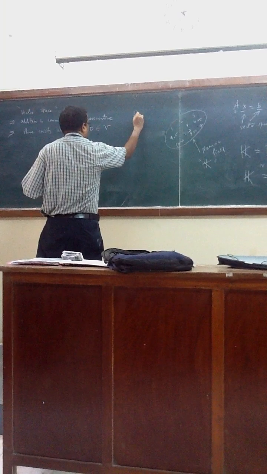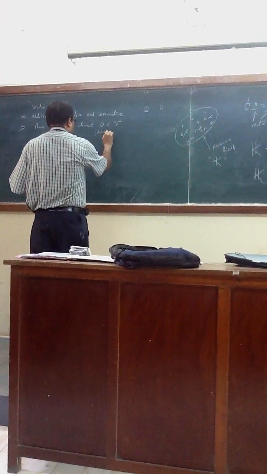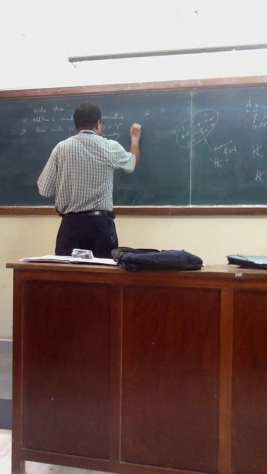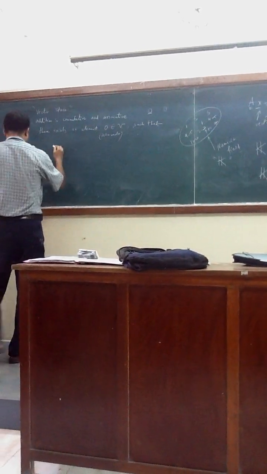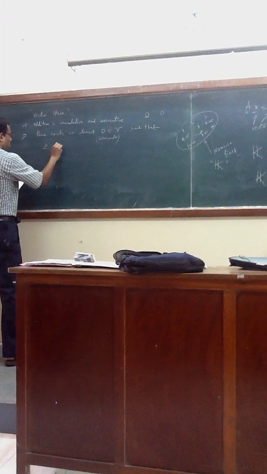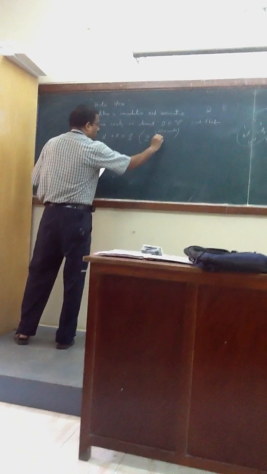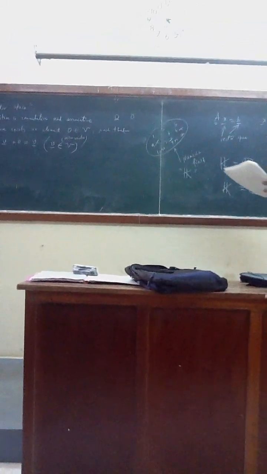Sometimes we write zero vector or we can write zero. This is called the zero vector, or we can call it the null vector, such that any vector V bar plus 0 will be V bar, where V bar belongs to capital V. Right?